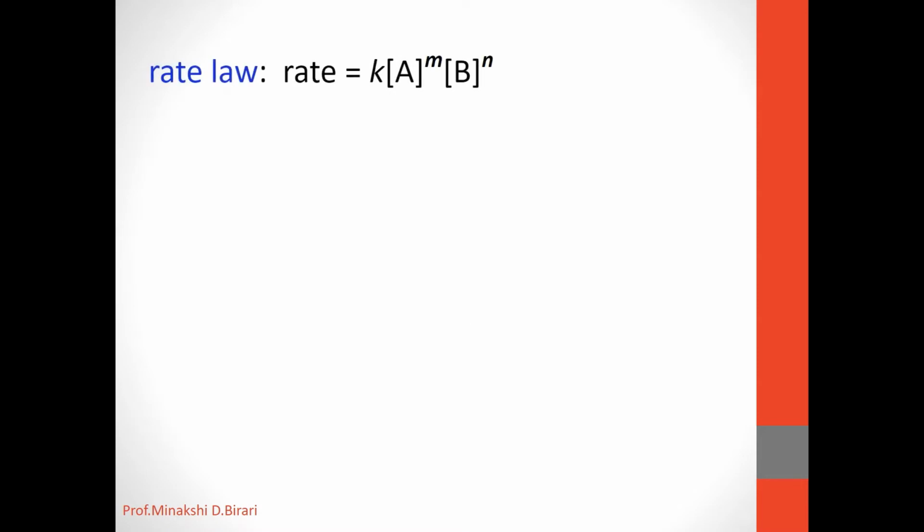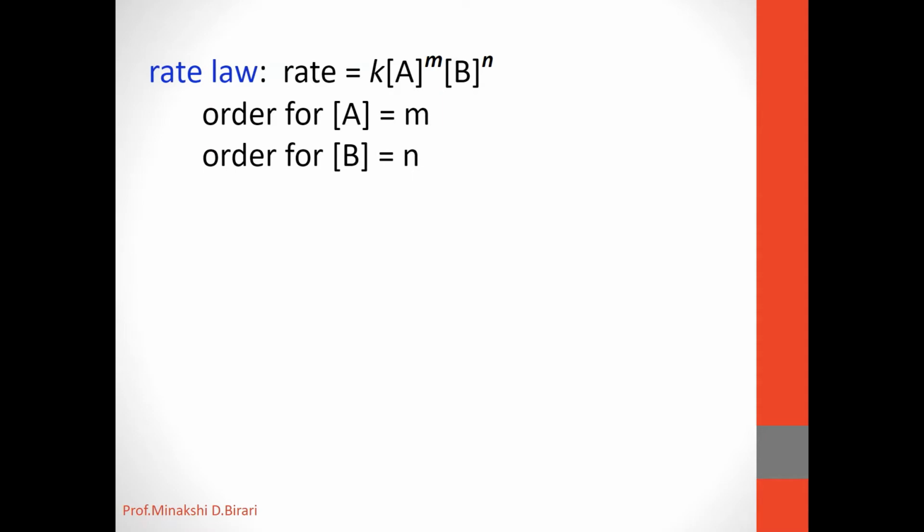We have studied rate law: rate is equal to k, concentration of A raised to m, concentration of B raised to n. In this case, the order of reaction for the reactant A is m and the order for the concentration of B is equal to n.